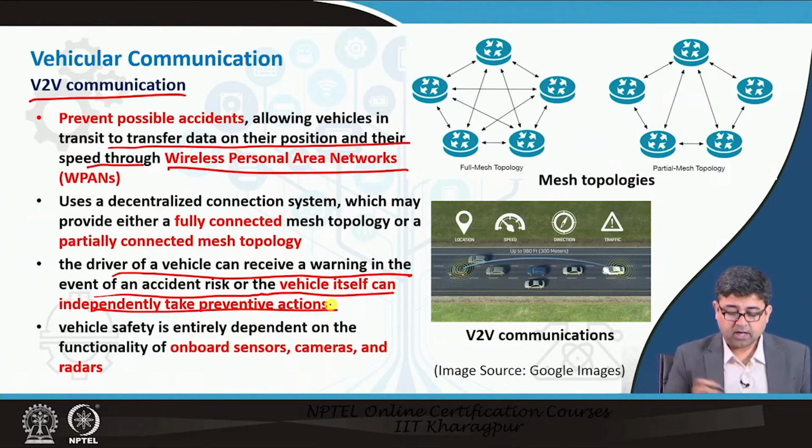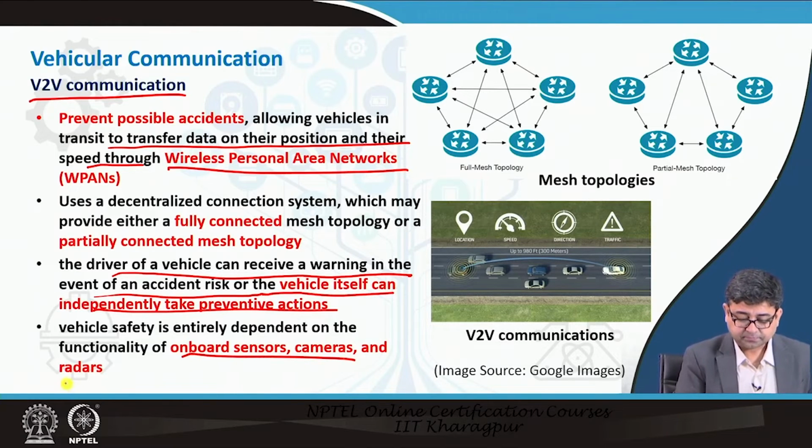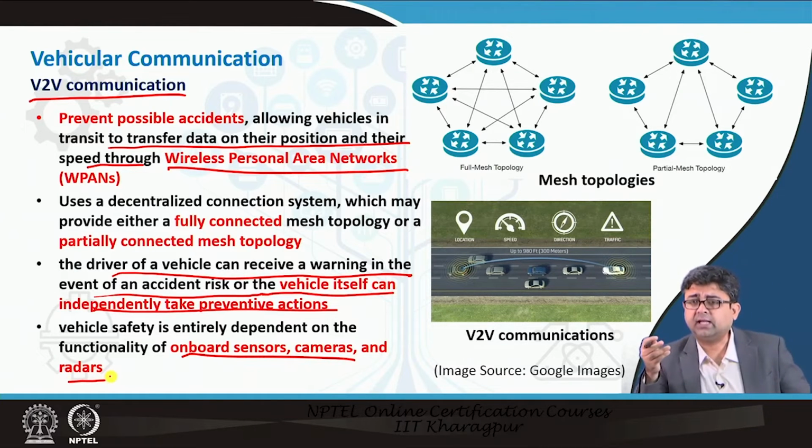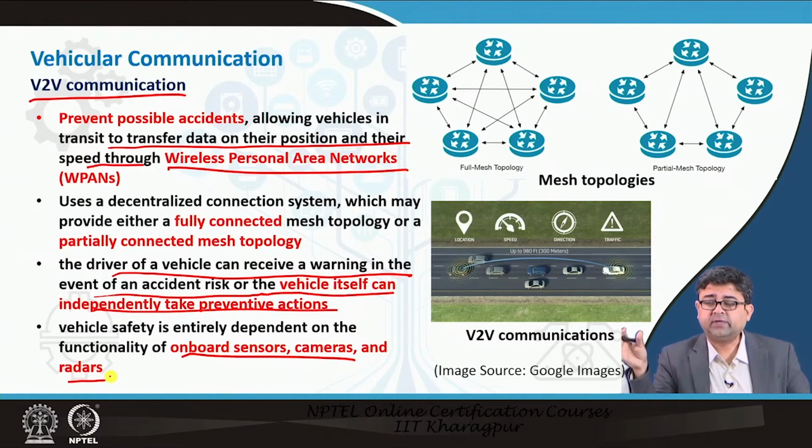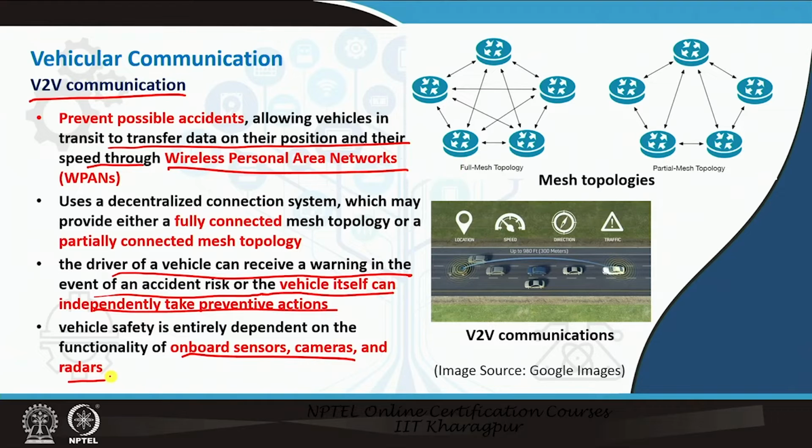Or there are onboard sensors, cameras, and radars that tell you that a vehicle is too close on your right hand side. So, don't change your lane right now, right. Maybe the vehicle is in your blind spot. So, do not change your lane right now.